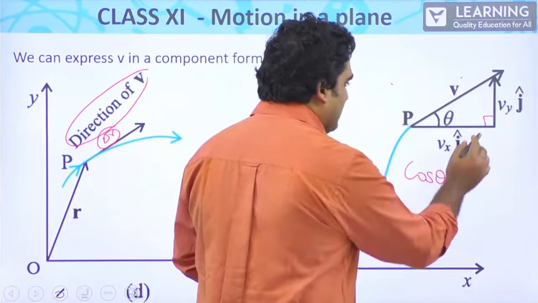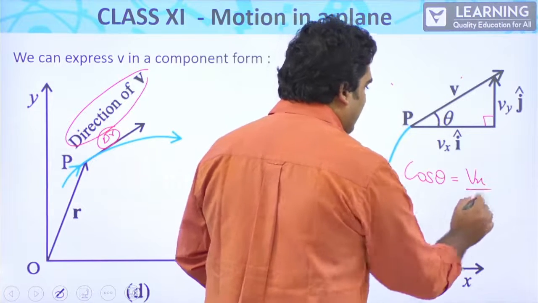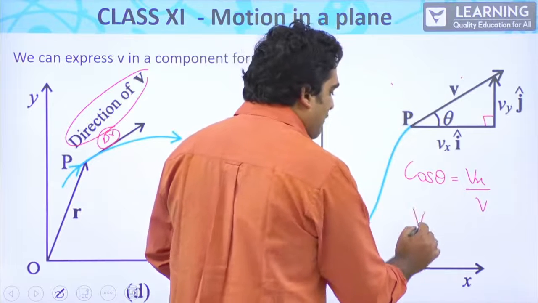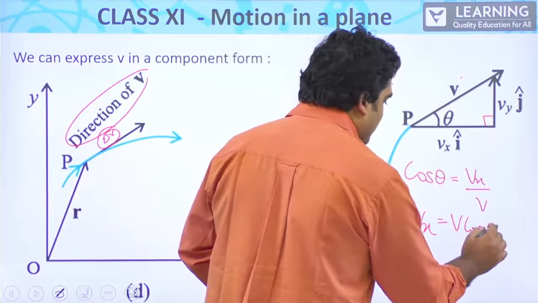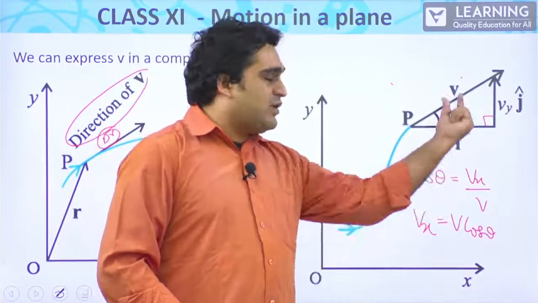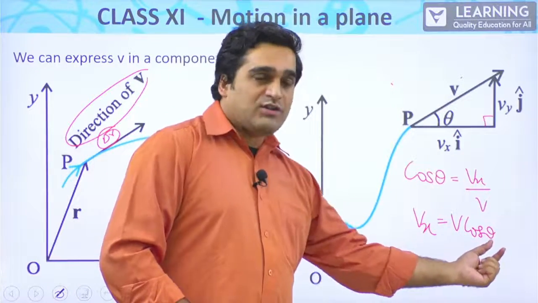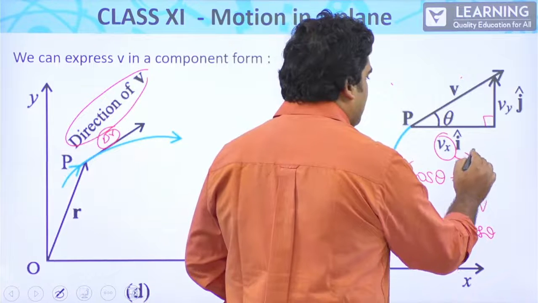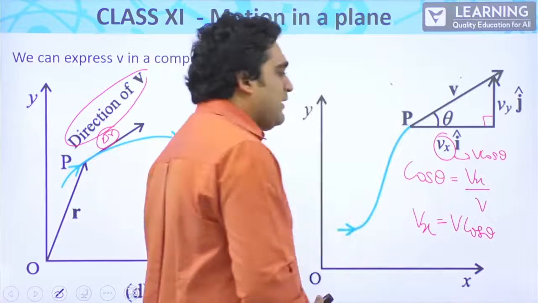Cos theta is equal to the base, which is Vx, divided by the hypotenuse V. So we write Vx equals V cos theta. So you see the relation between Vx and the vector V is Vx equals V cos theta. In place of Vx, you can substitute V cos theta.